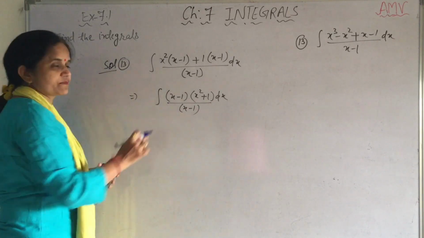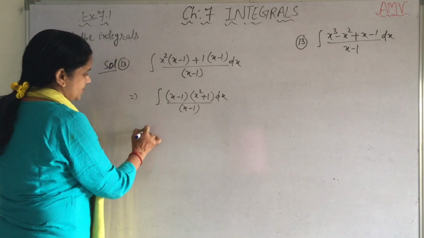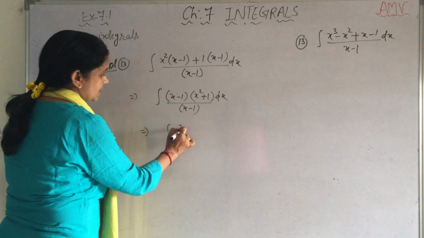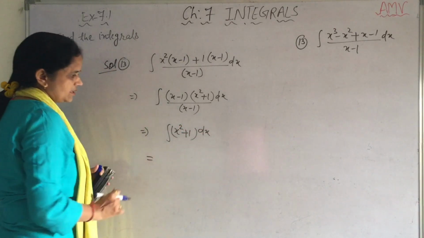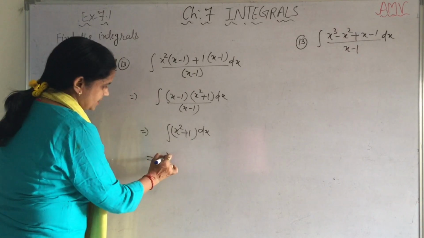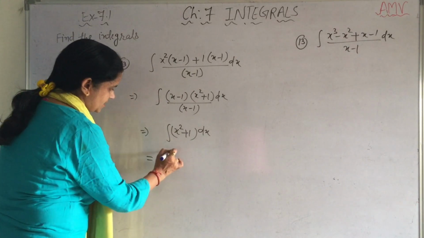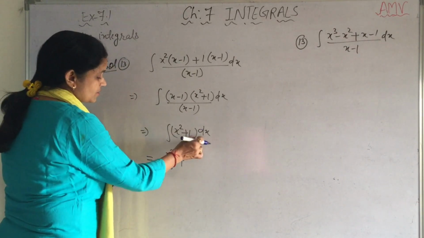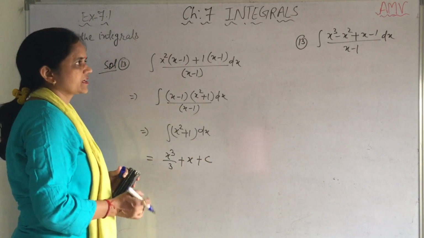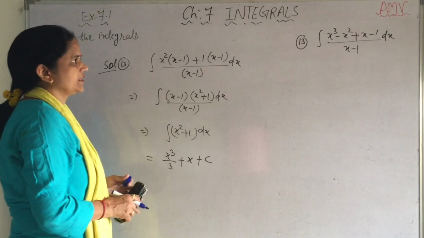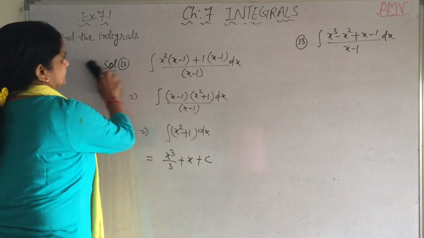X minus 1 will cancel and you will have only x square plus 1 dx. Very simple. Now integrate. It is x cube by 3 plus integration of dx is x, plus c. Completed. Now move to the next question.